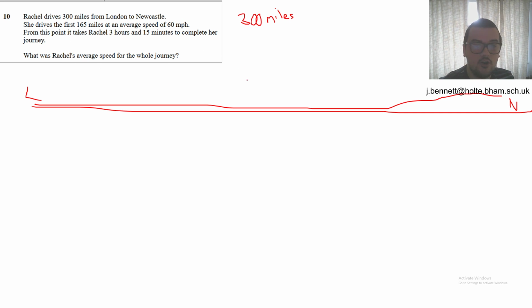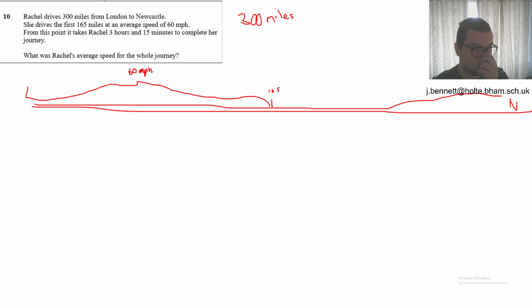The first 165 miles, so if we call this point 165 miles, this portion of the trip was completed with an average speed of 60 miles per hour. And this bit, we don't know. Well, we know it takes her 3 hours and 15 minutes.